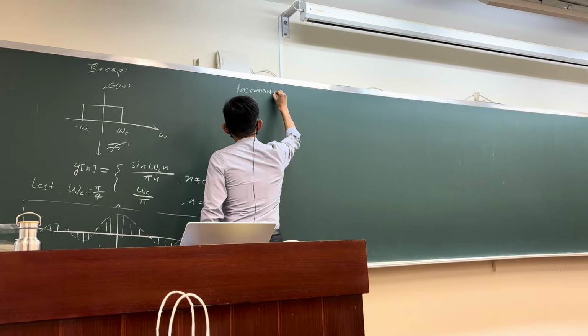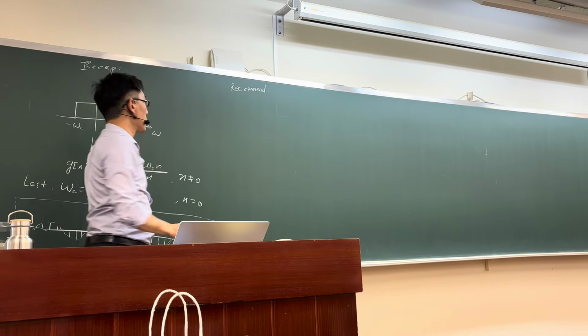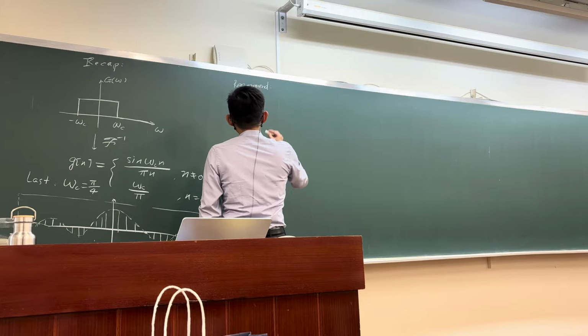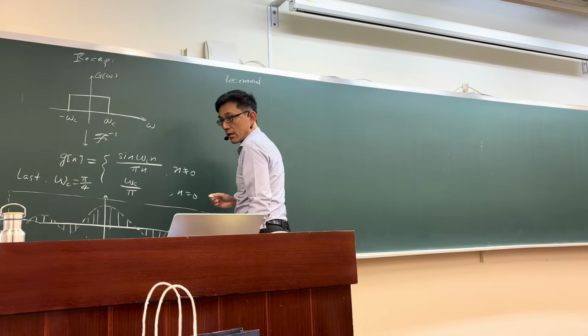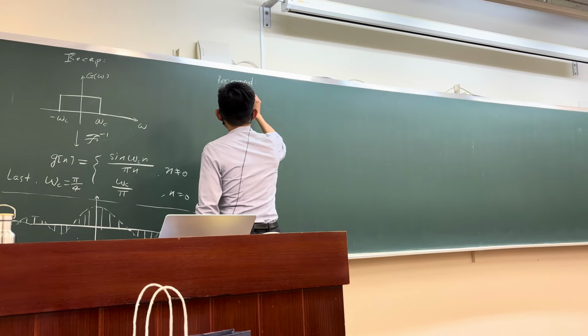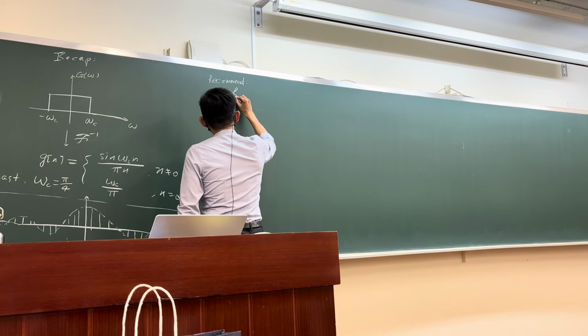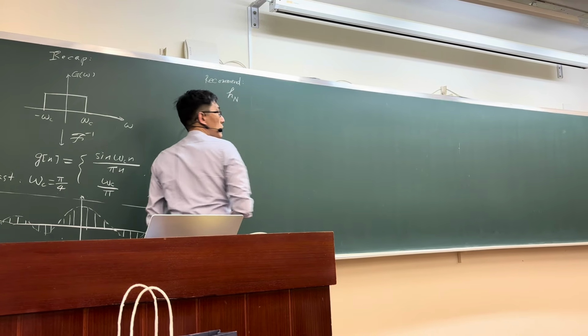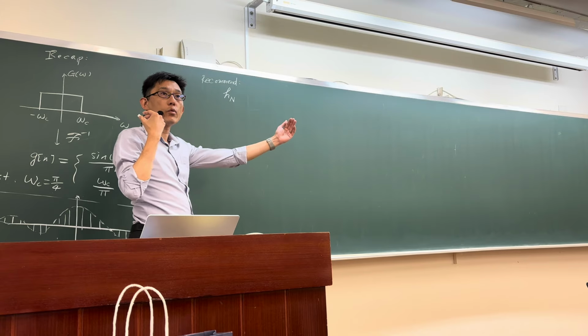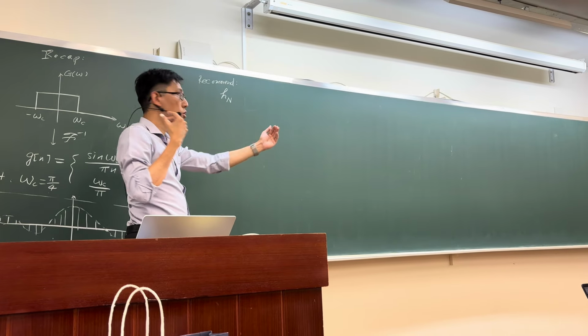And this is actually our first design. Let's say the result of our design is an impulse response with a subscript N, denoting the range we are going to keep.